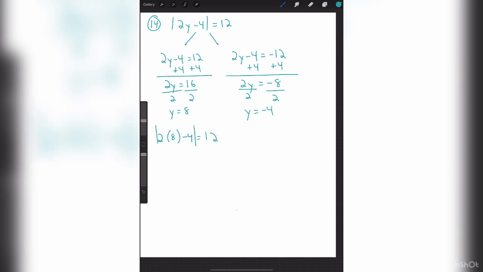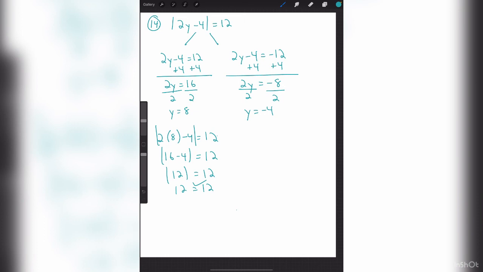I'm just going to substitute that into the original problem. 2 times 8 is 16. 16 minus 4 is 12. The absolute value of 12 is 12. So that one is right.